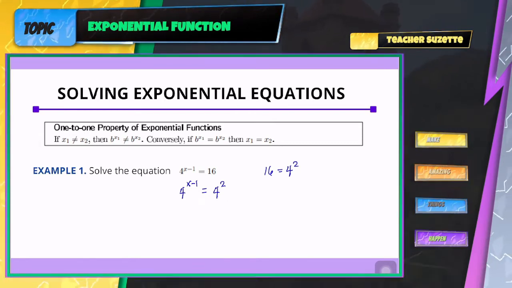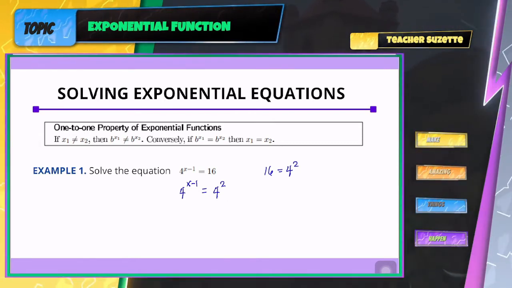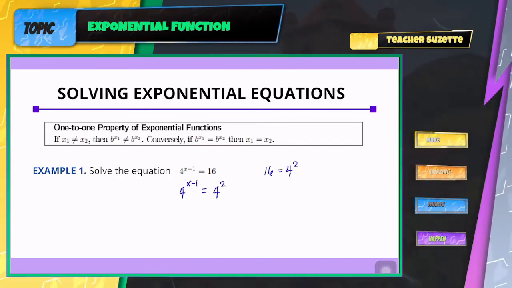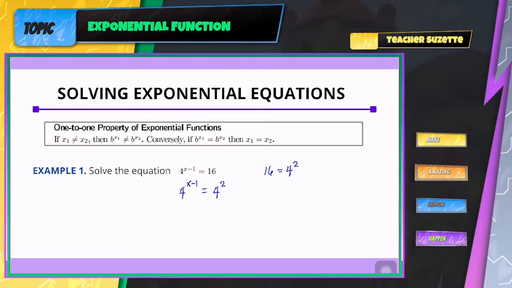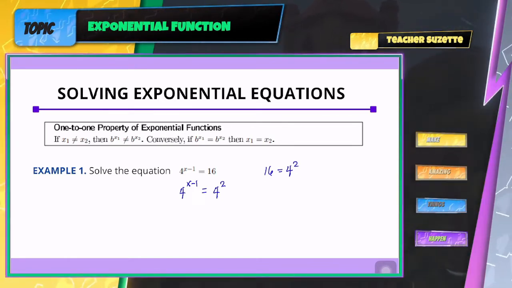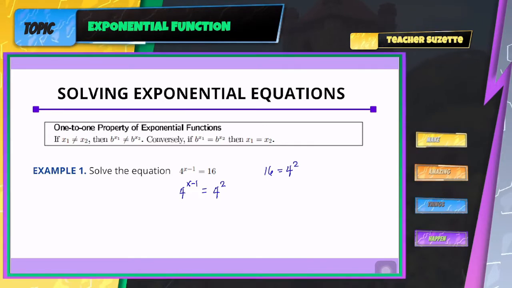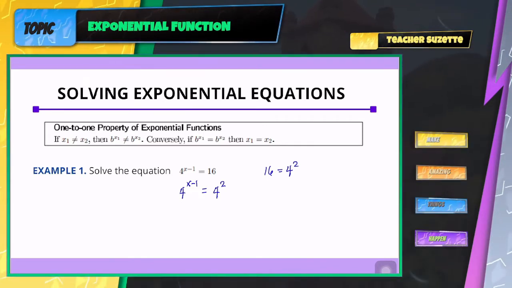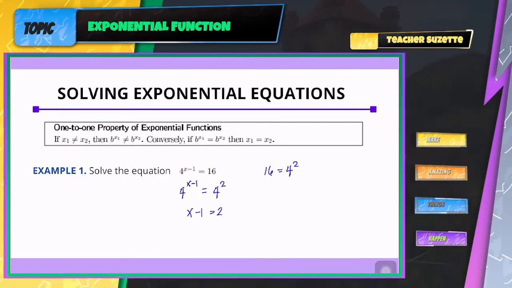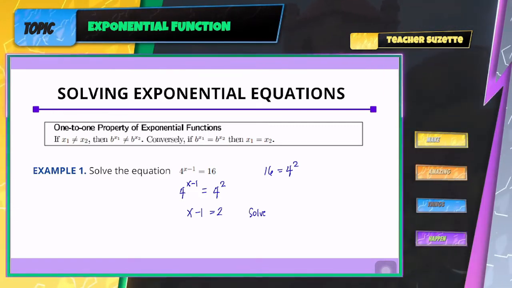Then now we have our base as 4 on both sides na po ng ating equation. So therefore, using the one-to-one property of exponential function, we can now equate our exponents. So you will have x minus 1 is equal to 2. Then let's solve for x.